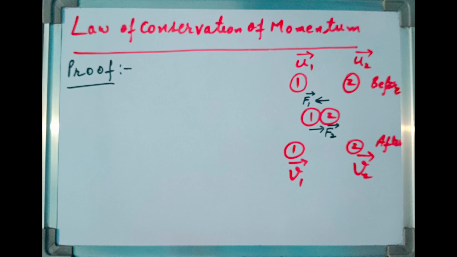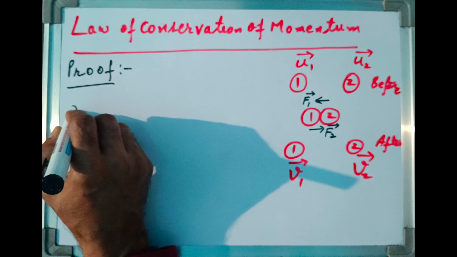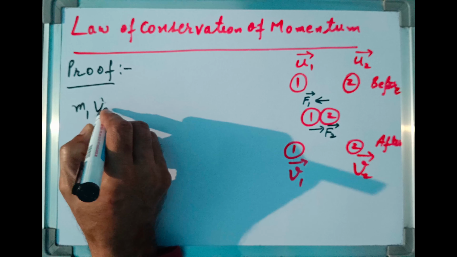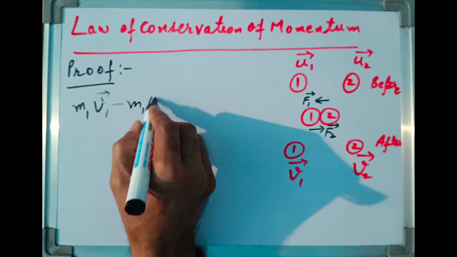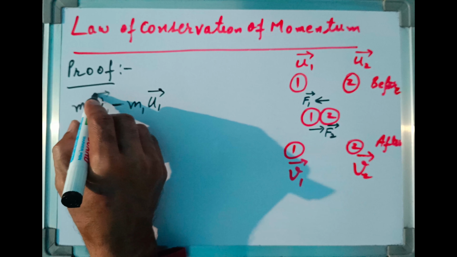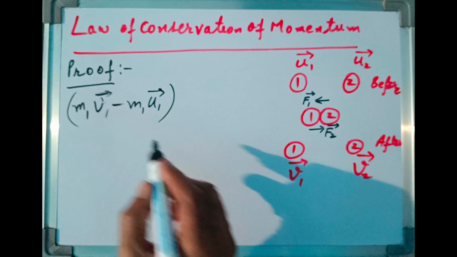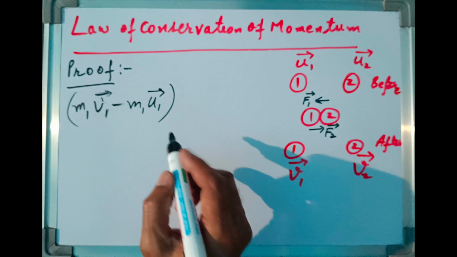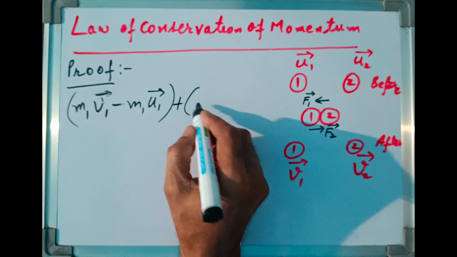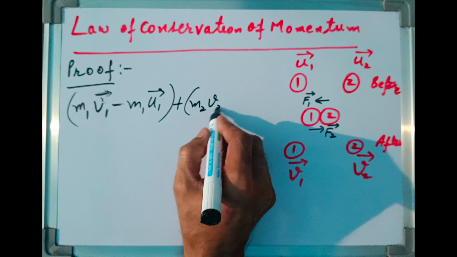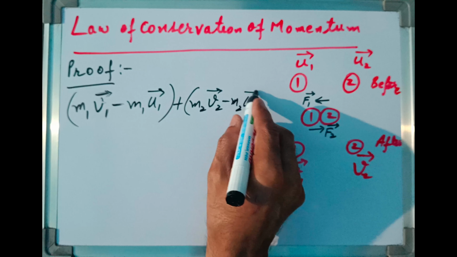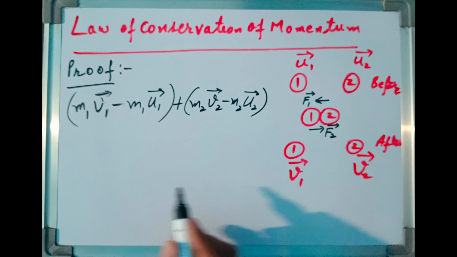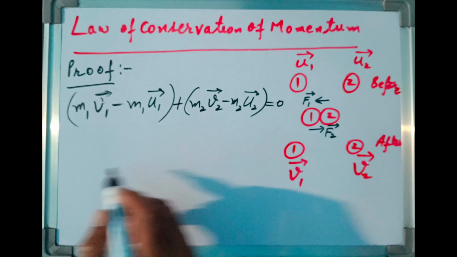So using equation number 3 and equation number 4 in equation number 2, we can write m1 v1 vector minus m1 u1 vector, this is the value of impulse acting on the first body, plus m2 v2 vector minus m2 u2 vector, impulse on the second body, equal to 0.